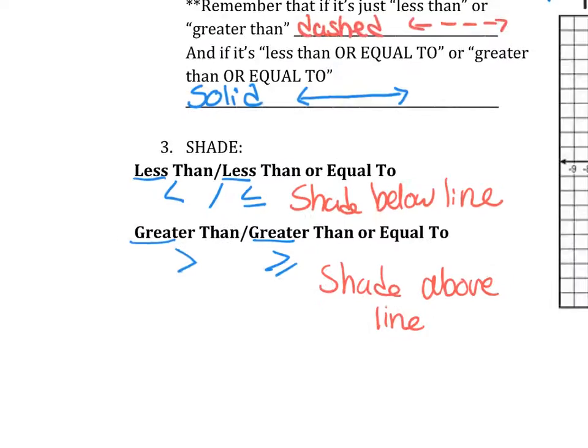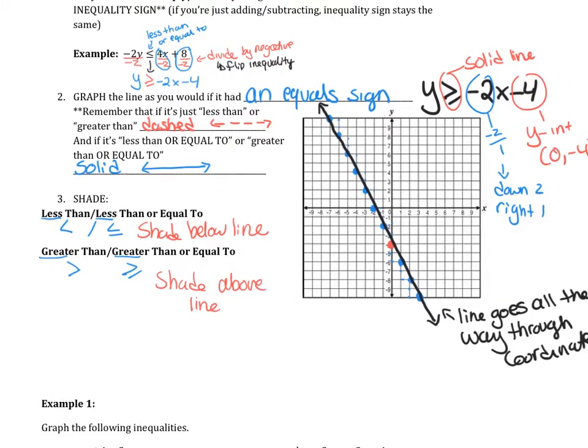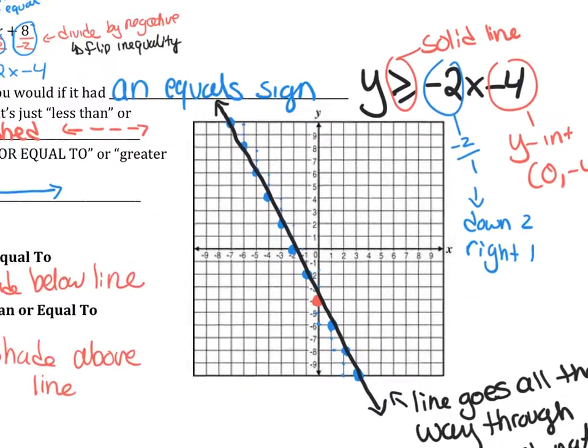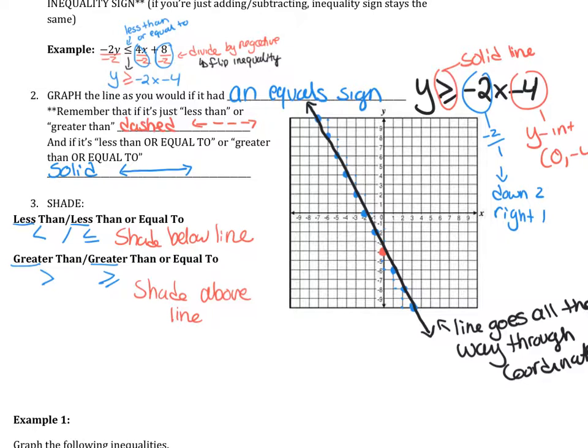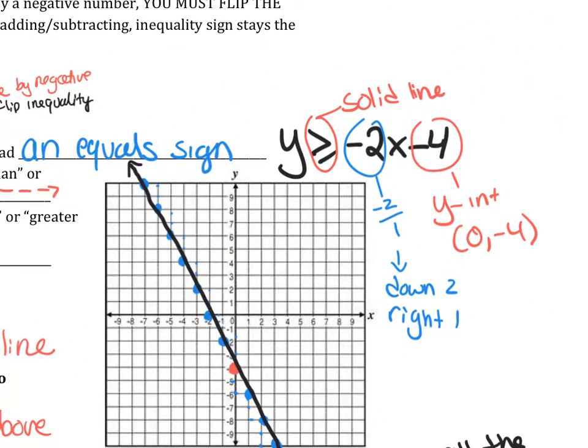So if you look at the inequality that we graphed, based on our inequality sign here, would we be shading above or below that line? Above, because it's y is greater than or equal to. So it's a solid line and it's greater than or equal to, so we shade above.